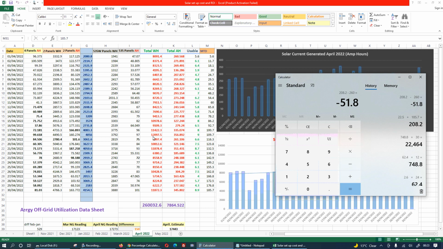Remember, in my case, I am inverting a 24-volt system into 230, 240 volts. That process requires quite a lot of energy to convert a 24-volt system into 240 volts, basically. And what normally happens is, let's say you have 1000 watts of AC appliance on a 24-volt battery bank.